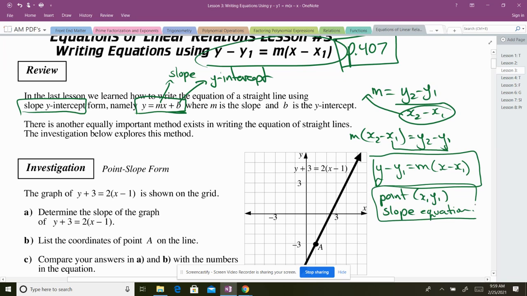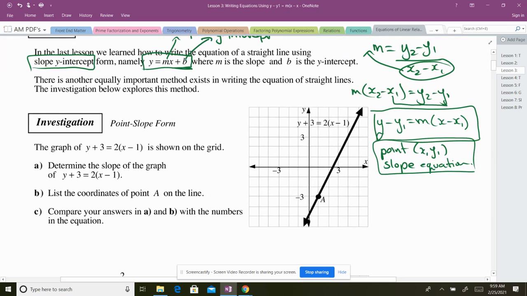Why do you think it's called the point slope? The point and the slope. See, I told you, mathematicians, very creative people. So, if you see something that is written like this, y plus 3 is equal to 2 times (x minus 1), it doesn't look like y is equal to mx plus b, but it matches this formula here.